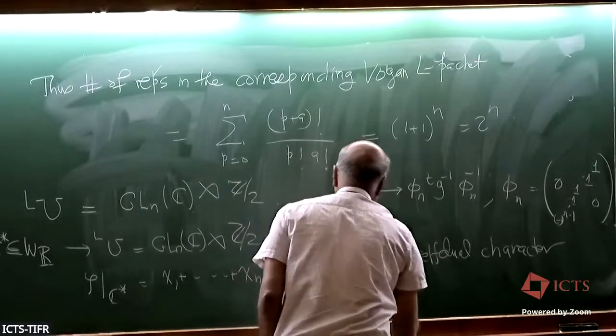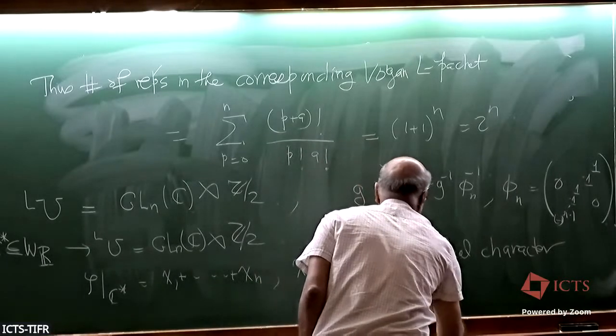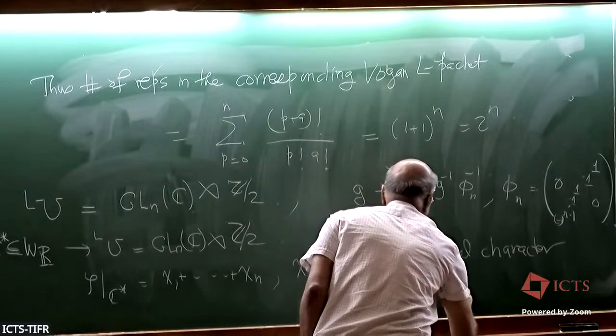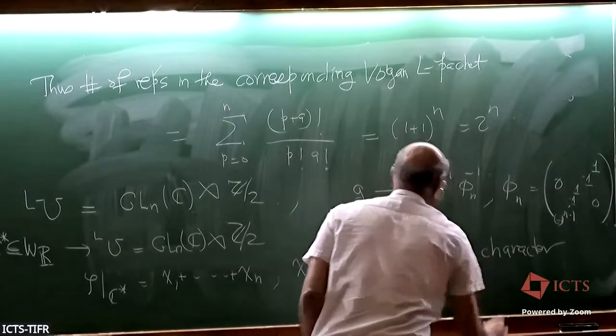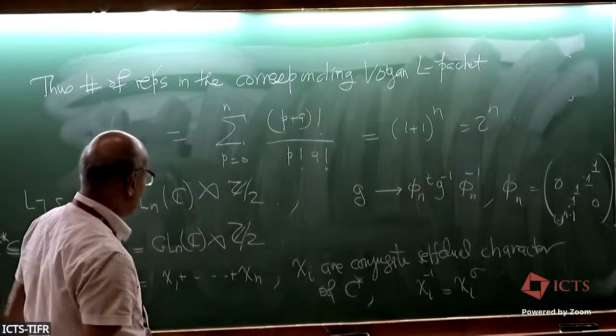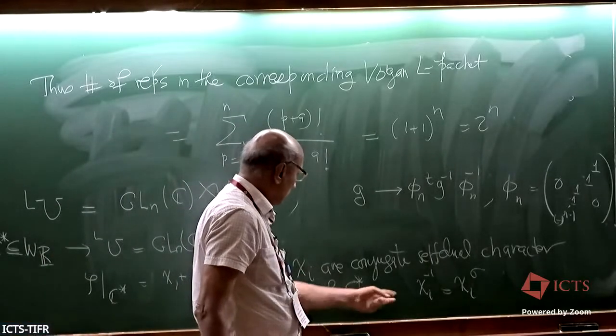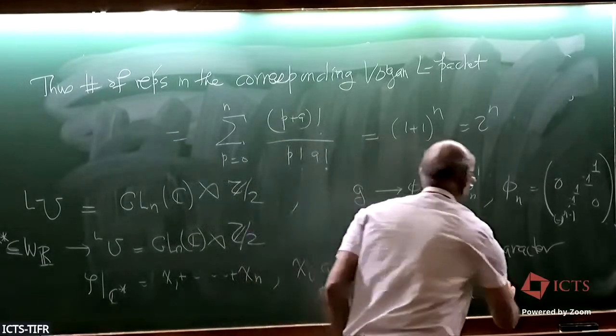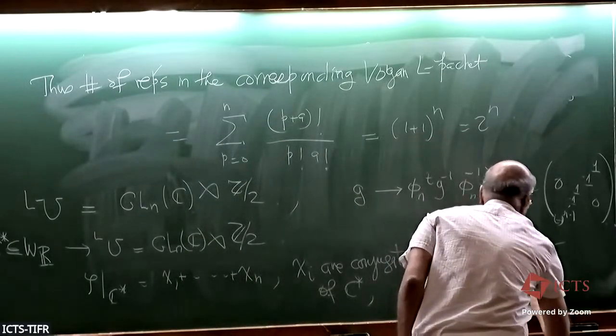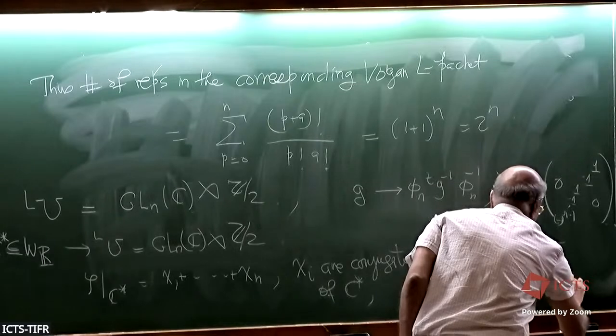By conjugate self-dual, one means that chi_i inverse is chi_i sigma. On C star, there is the Galois action, z goes to z bar. This holds if and only if the character restricted to R plus is trivial.